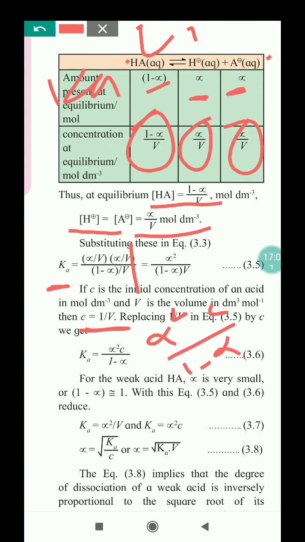Now for a weak acid, alpha is very small, so 1 minus alpha is near about 1.